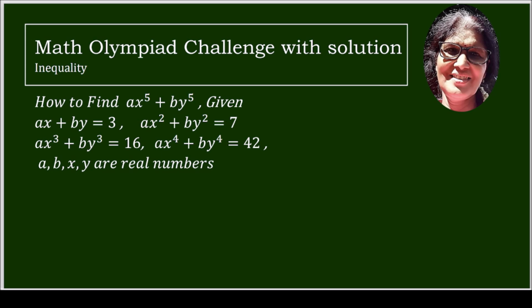Giving very inspiring comments. So today's question is how to find ax^5 + by^5, given ax + by = 3, ax^2 + by^2 = 7, ax^3 + by^3 = 16, ax^4 + by^4 = 42, and a, b, x, y are all real numbers.